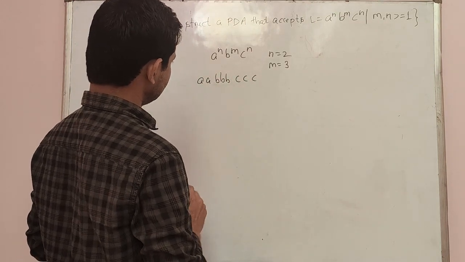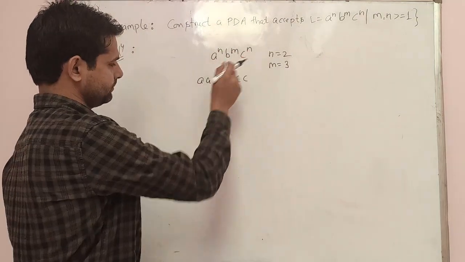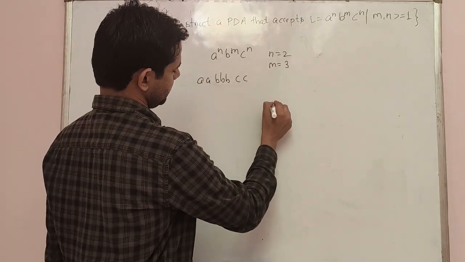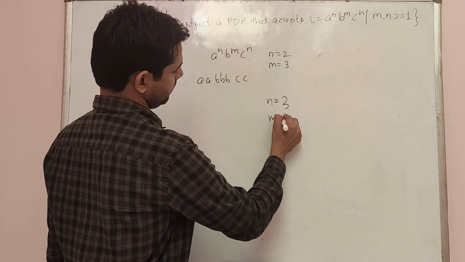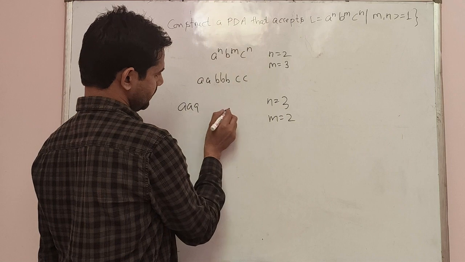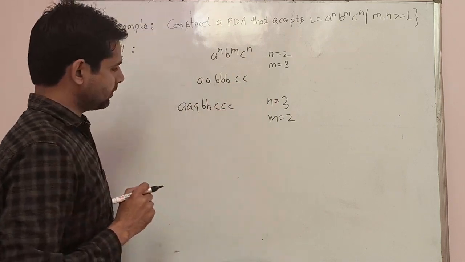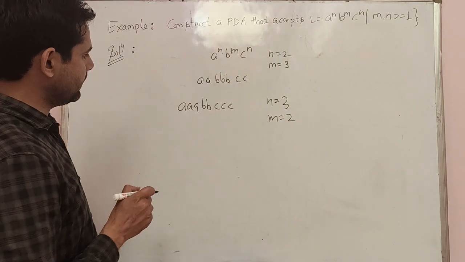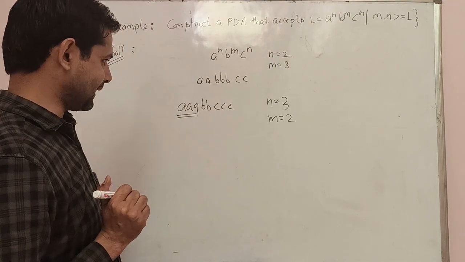So what will be the logic? For example, we are considering another case: n equal to 3 and m equal to 2. In that case we have triple A, then double B and triple C. The logic is that first we will store all the A's in the stack.